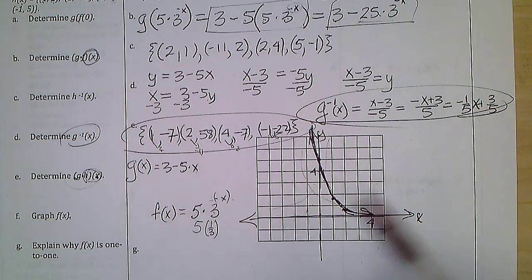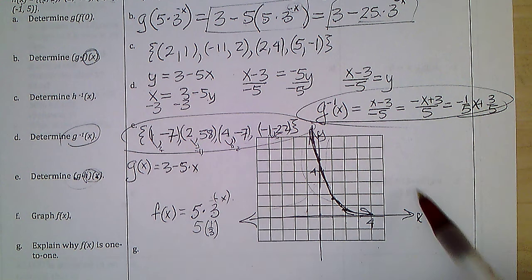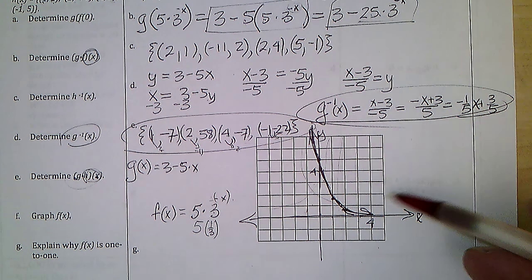Now, since this passes the horizontal line test and the vertical line test, it's 1 to 1.